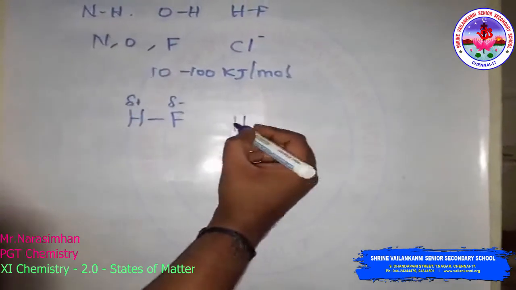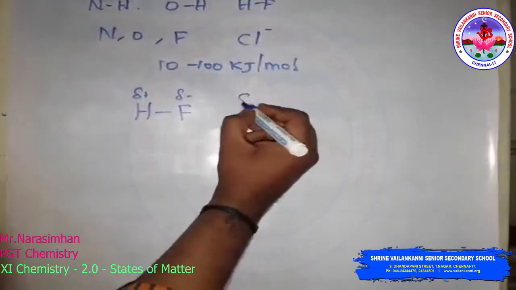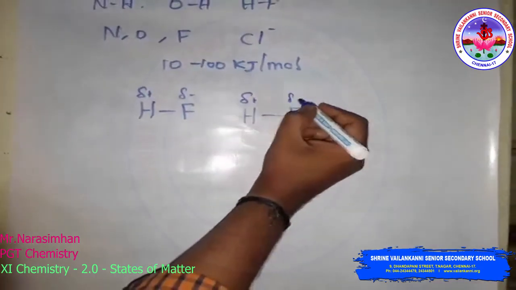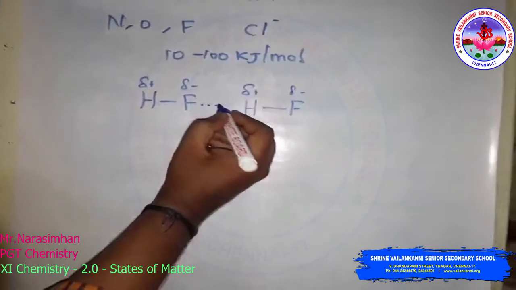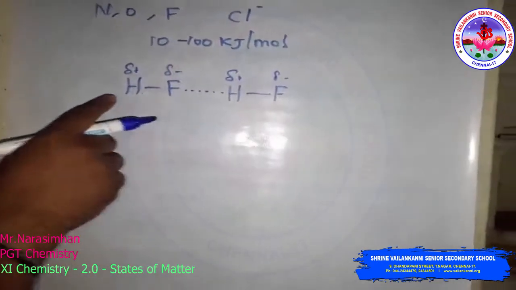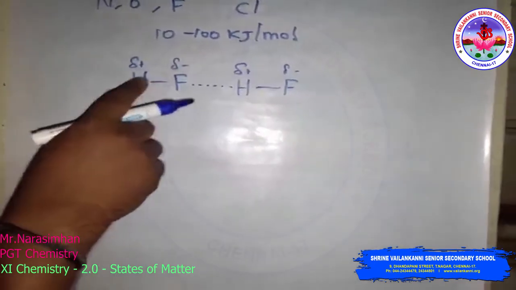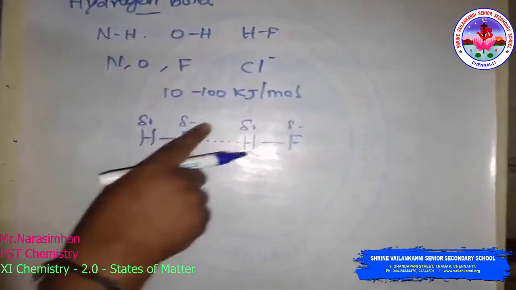Then another HF molecule, also partially positive and partially negative. So this positive and negative interaction will be there. This is the intermolecular force, between the electronegative atom of one molecule and the hydrogen of the other molecule. So this is the hydrogen bond.